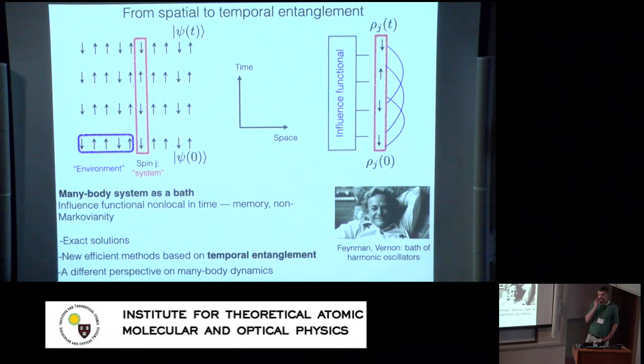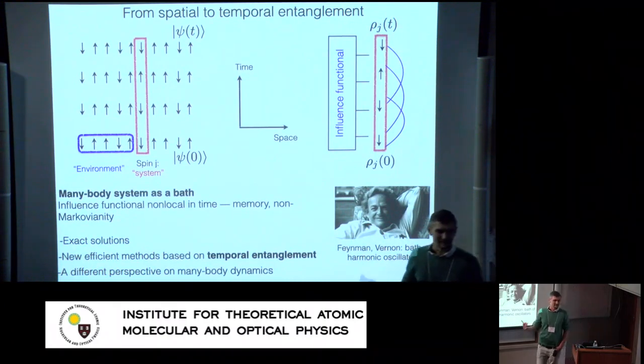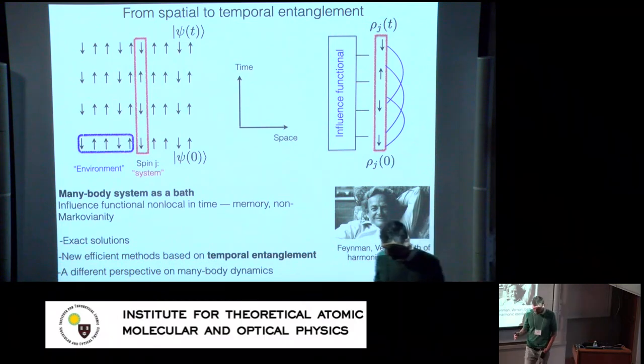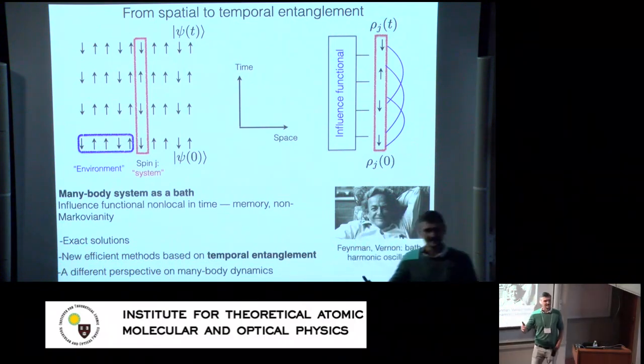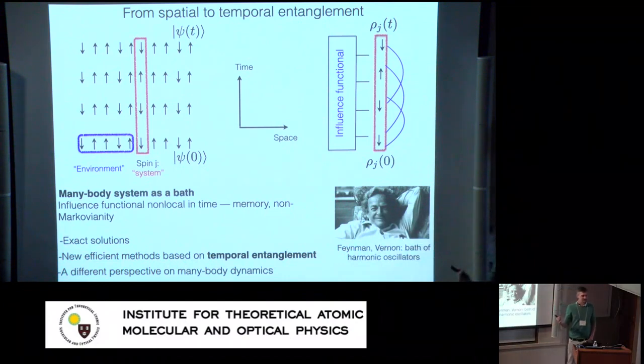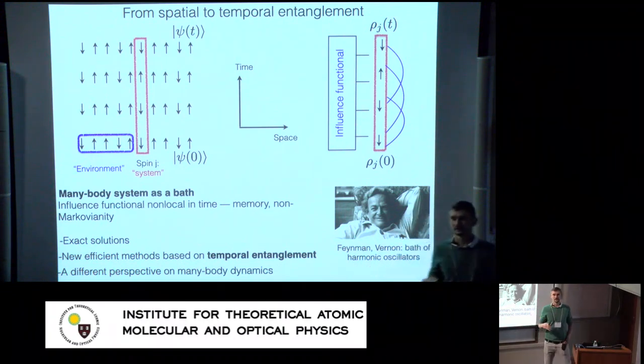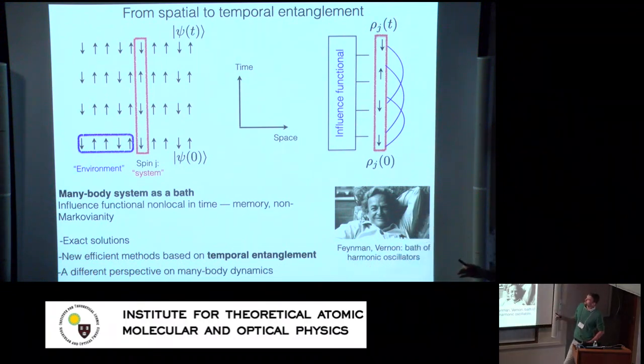So now, let me give you right away the main starting point for what will follow, how we started thinking about this. Indeed, there is this idea that complexity is related to spatial entanglement, and things which are entangled are generally hard. But rather than thinking about the many-body wave function and its evolution, we can instead take more of an open quantum system point of view.